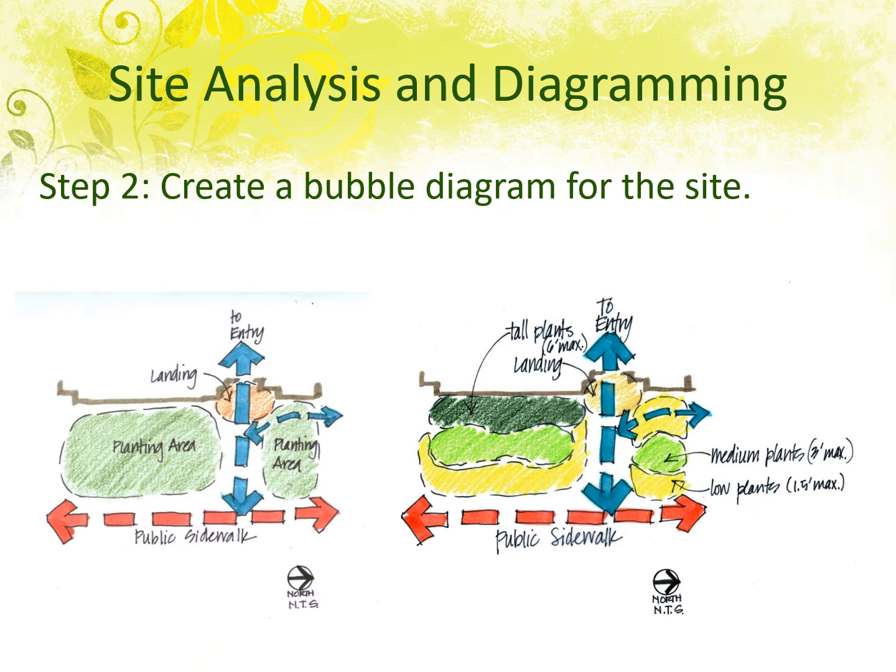I'm going to give you a site, but here's an example of how that might look. You can see on the preliminary one, we just have a main walkway straight into the house and two small planting areas on each side and a small landing right before you go through a threshold.